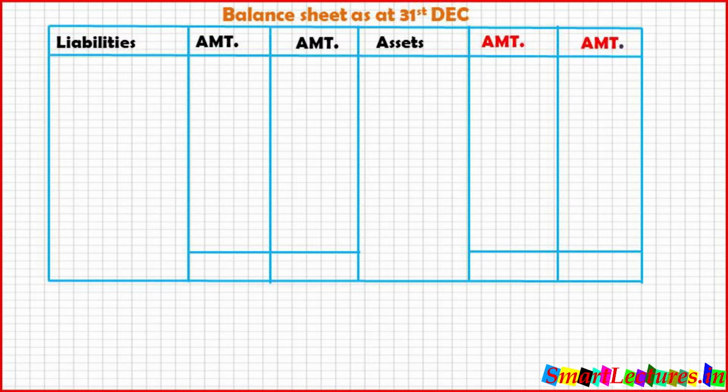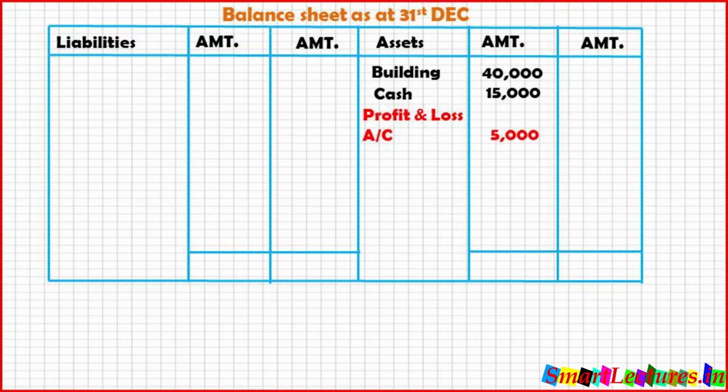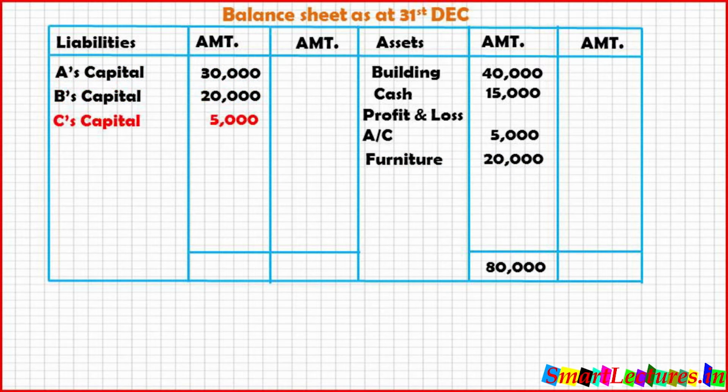First of all, let me complete the old balance sheet. In the first column, building 40,000, cash 15,000, profit and loss account 5,000, furniture 20,000, total 80,000, A's capital 30,000, B's capital 20,000, C's capital 5,000, general reserve 10,000, creditors 15,000.